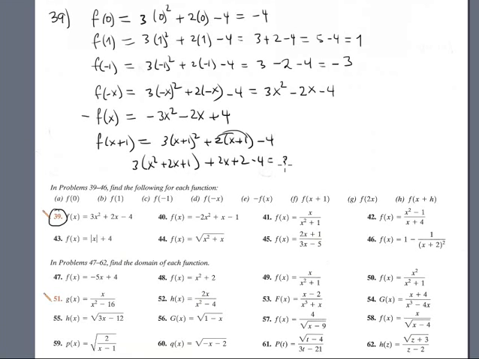So 3x squared plus 6x plus 3 plus 2x plus 2 minus 4. So basically it's 3x squared, combining like terms is 8x, and 3 plus 2 is 5 minus 4 is 1. This is the answer for this.